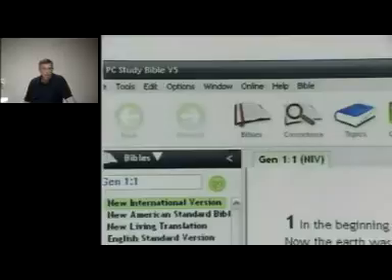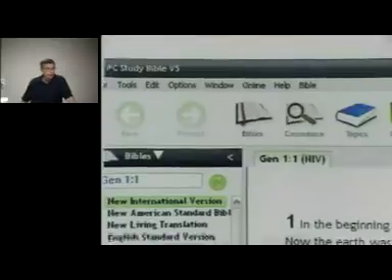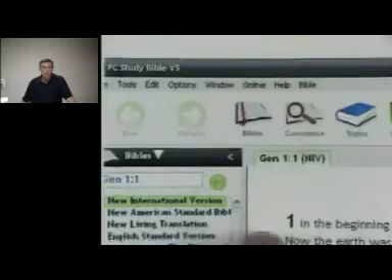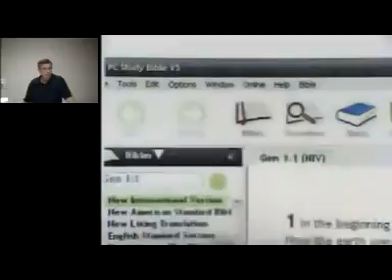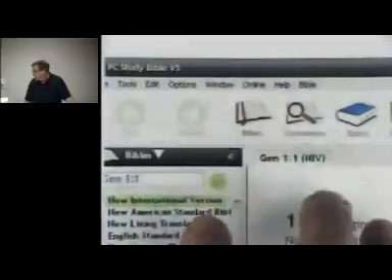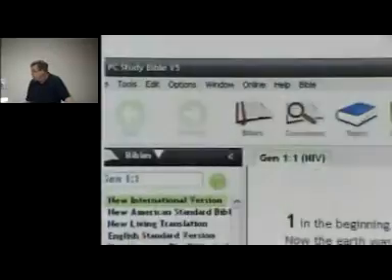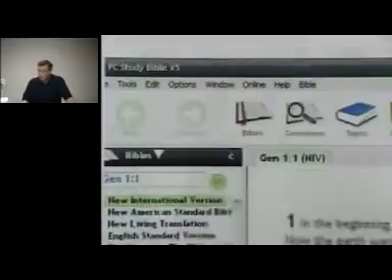And it's more of a Cadillac. It'll cost you more money, and most of you don't need it anyway. But this will do a great job for most people, and you can kill yourself the rest of your life studying stuff in just this program right here. So I recommend it highly, either this or Logos Bible Software. Both of them are excellent programs.